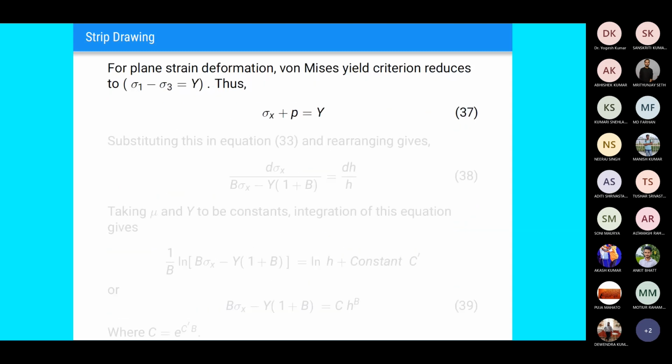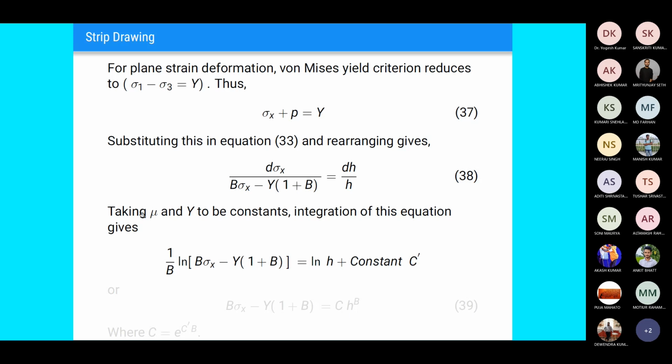Okay, so once you put the value of p, you will yield some expression something like this: dx upon sigma x, B, as I told, was a constant equal to mu cot alpha. B into sigma x minus Y (1 plus B) equal to dh upon x.